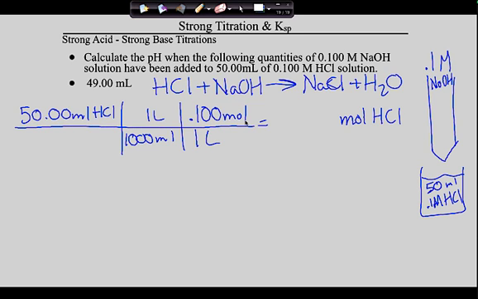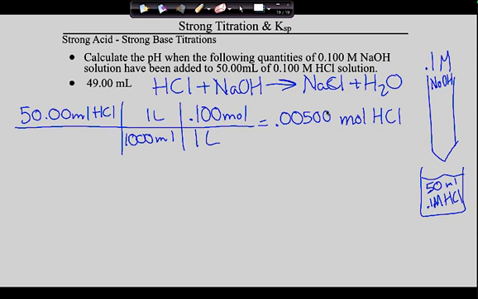So we've got 50 divided by 1,000 and then times 0.1, which is 0.00500 moles. That's how many moles of HCl we've got in our beaker.